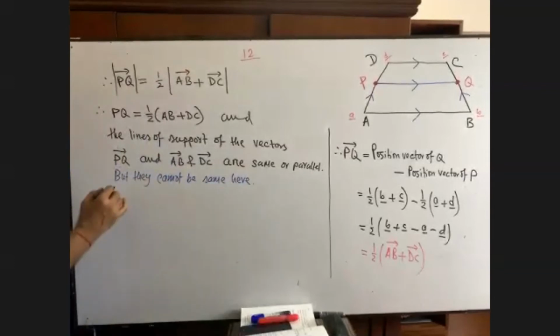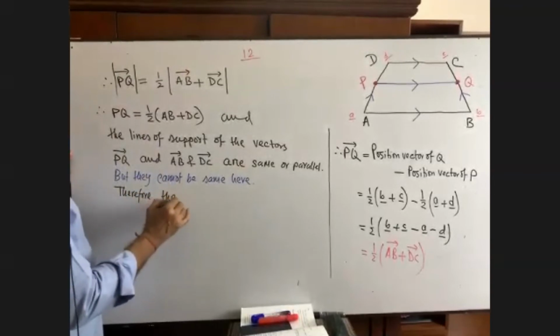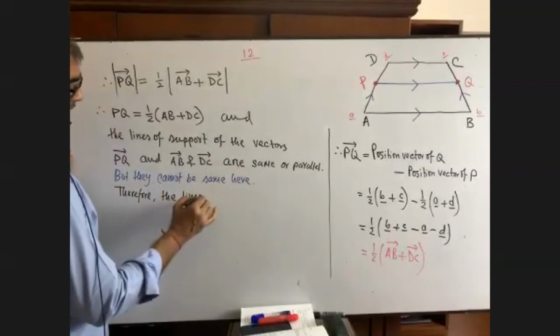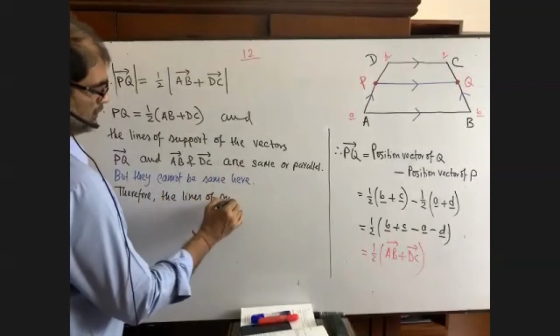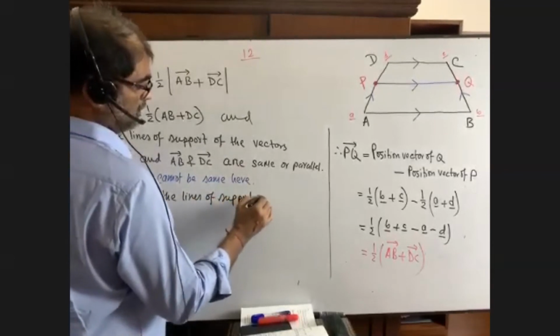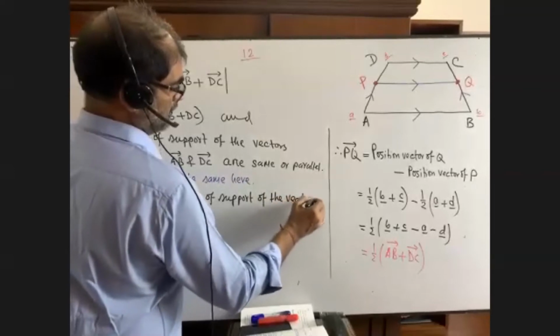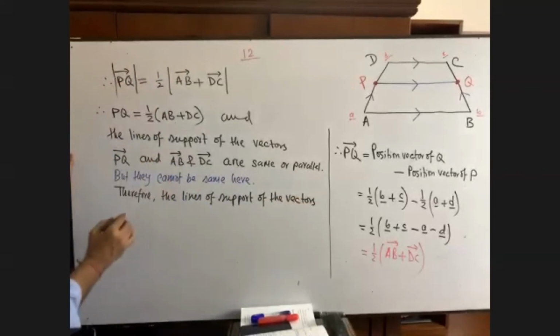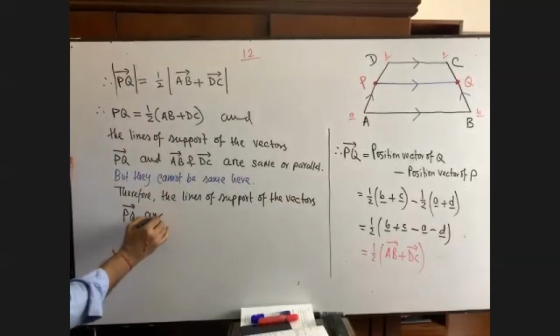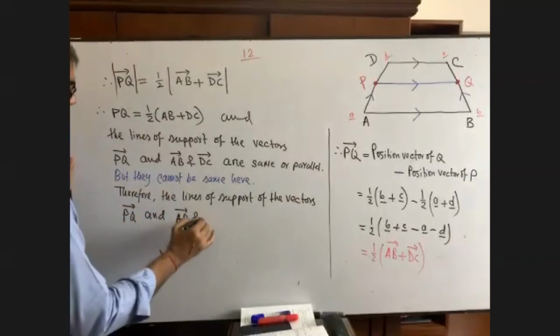Therefore, the lines of support of the vectors PQ and AB and DC.